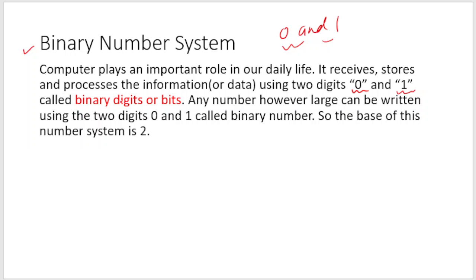And these two digits are called binary digits or bits. So any number however large can be written using the two digits 0 and 1, and these are called binary numbers. So since we are using just two digits, that is 0 and 1, this number system is said to be binary number system, and the base of this number system is 2 because we are using two digits, that is 0 and 1.